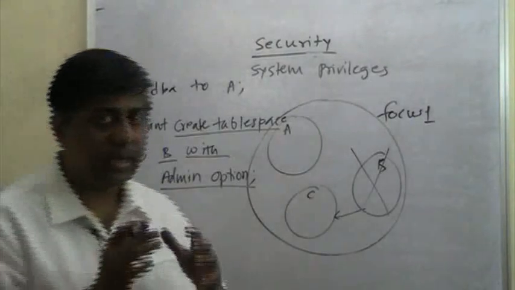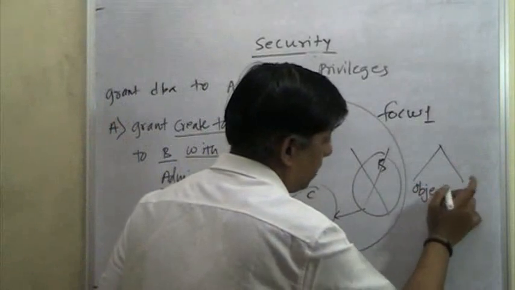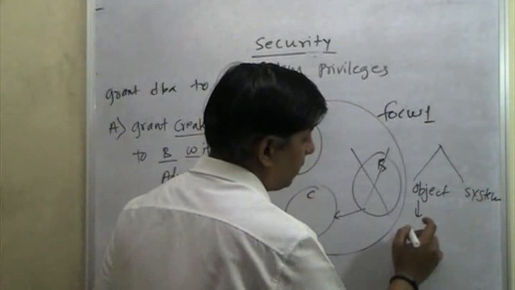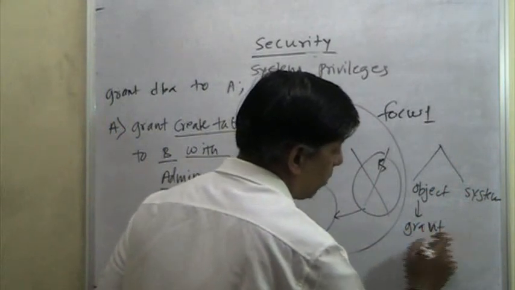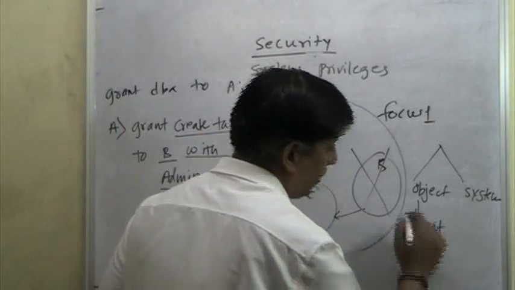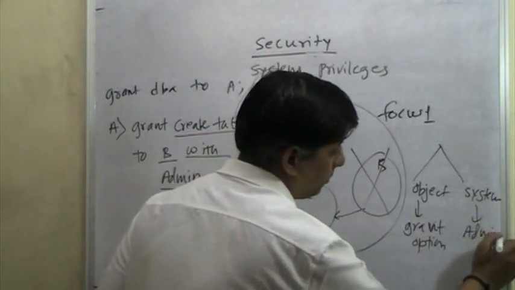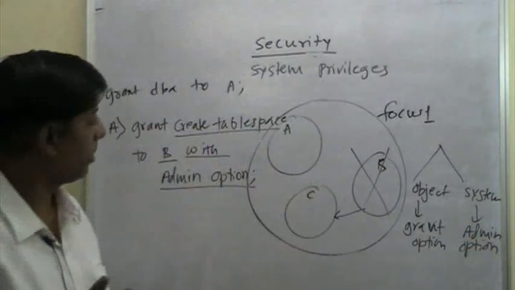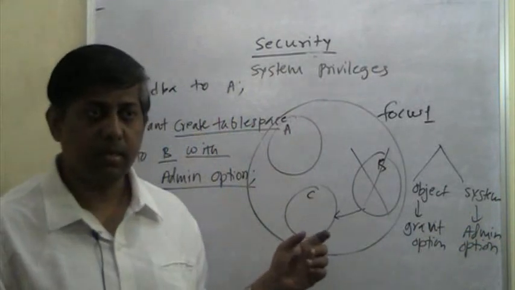Let me repeat that. So there is object privilege and the system privilege. For this object privilege there is a grant option. So grant with grant option, and this is with admin option. Admin option means all the privileges, right?